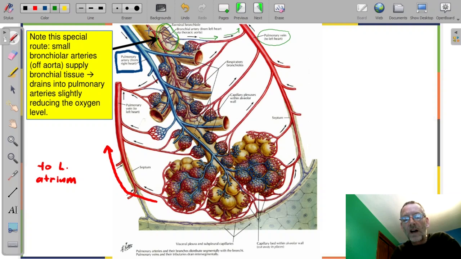The bronchial supply came in oxygenated right off the aorta, supplied the tissue of the bronchioles, drains out of those bronchial capillaries, and merges with freshly oxygenated blood of the pulmonary circuit, which tends to dilute it a small amount. It's interesting that you have those two blood supplies, and that's how it drains. Some books will show the oxygen content of the pulmonary veins being reduced slightly due to the mixing of this deoxygenated blood.